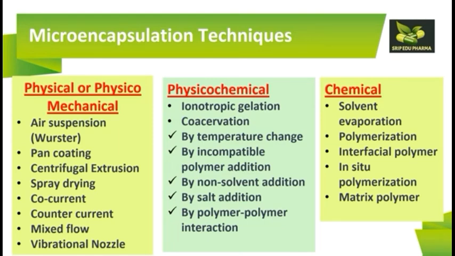So next we see the air suspension and coacervation phase separation. There are three phases in coacervation phase separation. They are formation of three immiscible chemical phases, deposition of the coating, and third one is rigidization of the coating, most important for GPAT. And next one is pan coating, then spray drying and spray congealing.